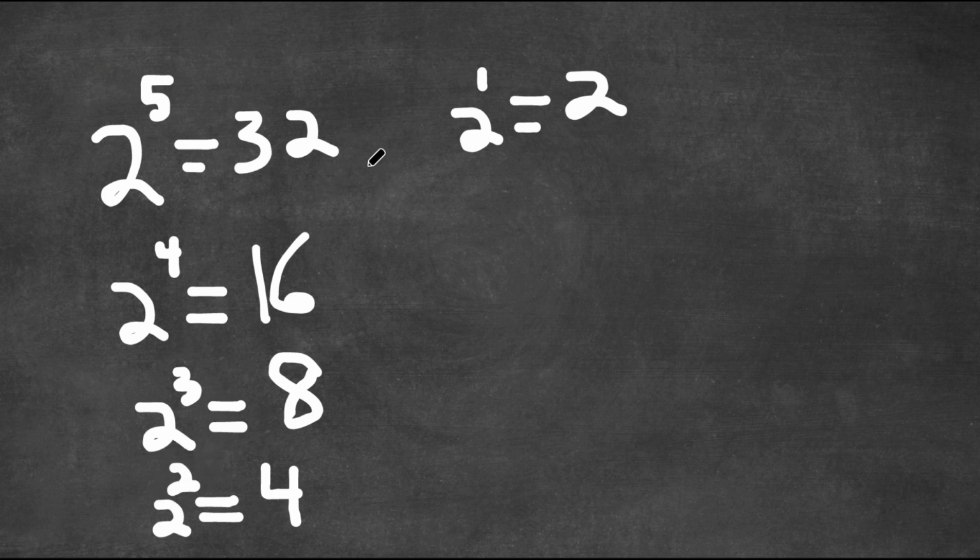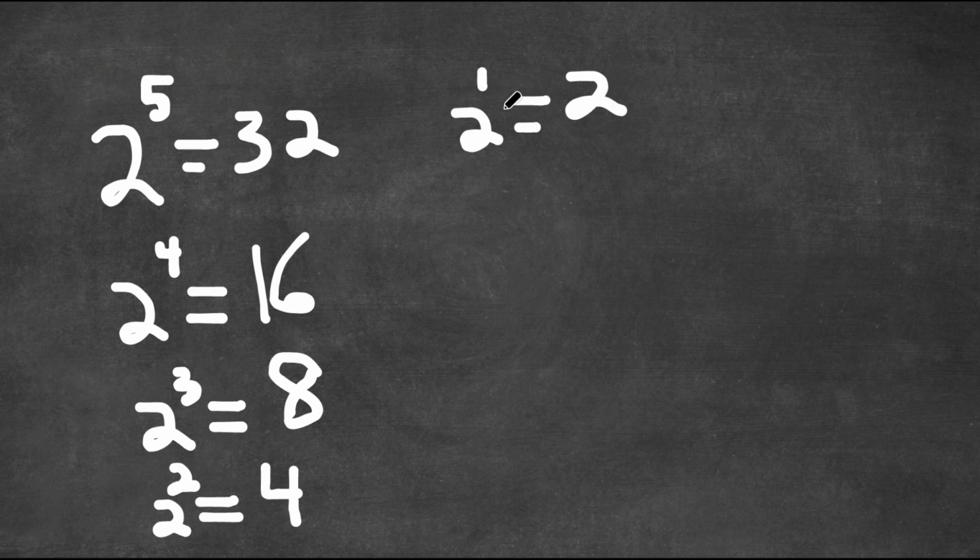And as you can see, every time we increase our exponent by 1, our answer is multiplied by 2. Every time the exponent increases, our answer is multiplied by 2.